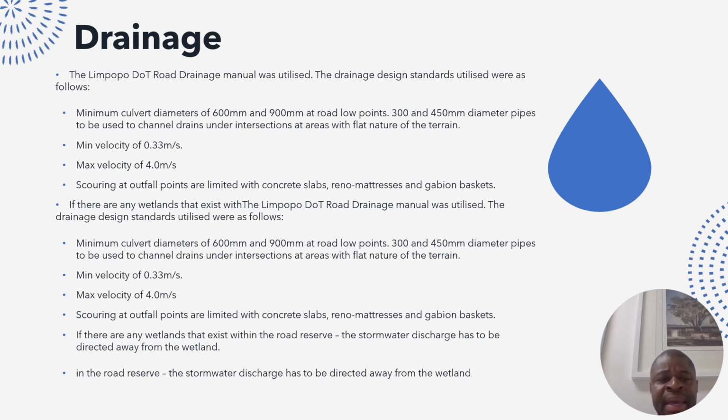The minimum culvert diameters will range from 600 millimeters to 900 millimeters, used at the low points, and pipes between 300 and 450 millimeters in diameter will be used on the channel drainage with the intersections in the area with the flat nature of the terrain.